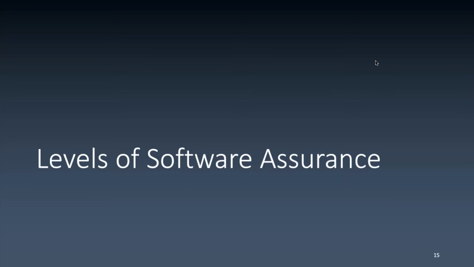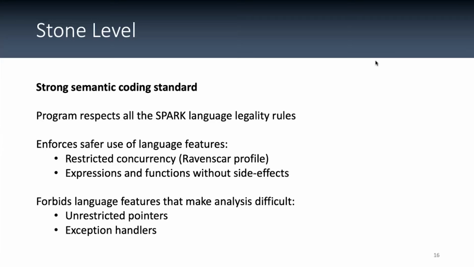So how do we apply this kind of technology in practice? We have defined levels through which users go and select given targets for their assurance. The first level is what we call the stone level: provide a strong semantic coding standard for your code. The way to check that is that the program respects the legality checks. So the tool does that.